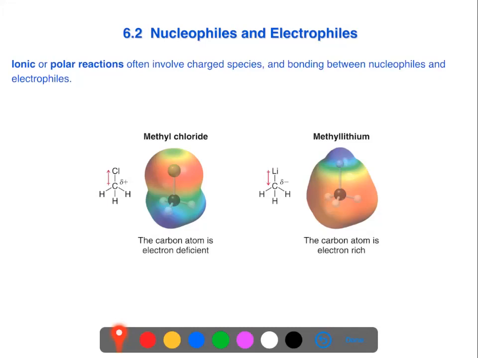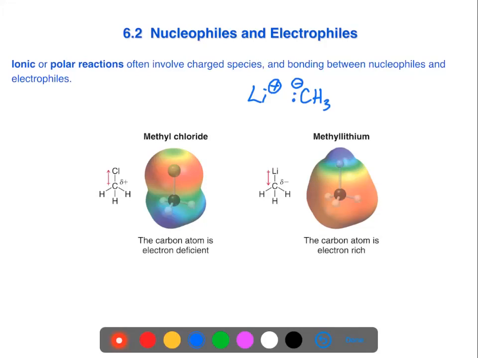And so we would refer to this carbon atom as being electron rich. So much so that we would typically draw this structure as really being an ionic structure in which there would be a lone pair on that carbon atom. And so we call this, in many senses, an ionic bond.